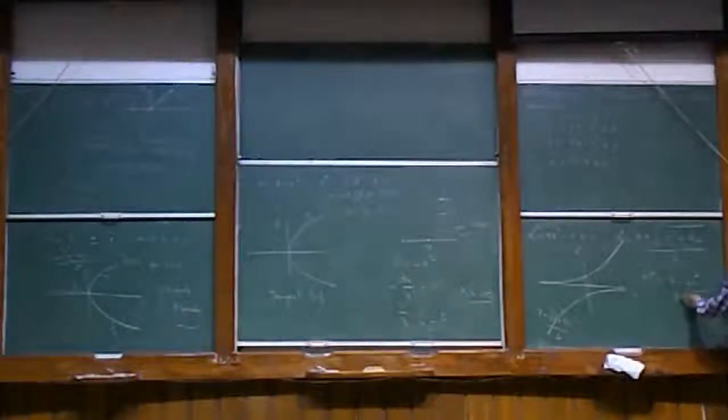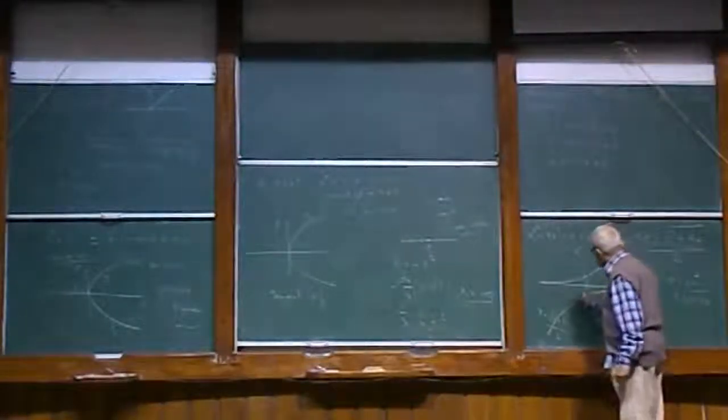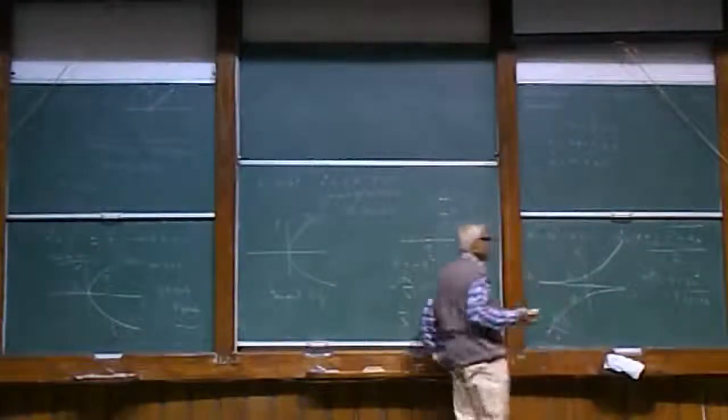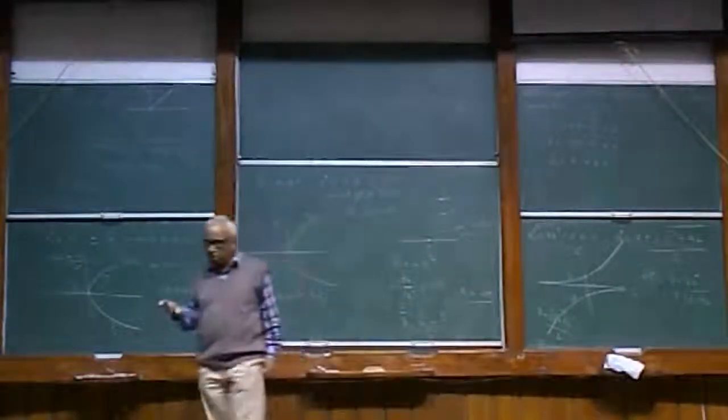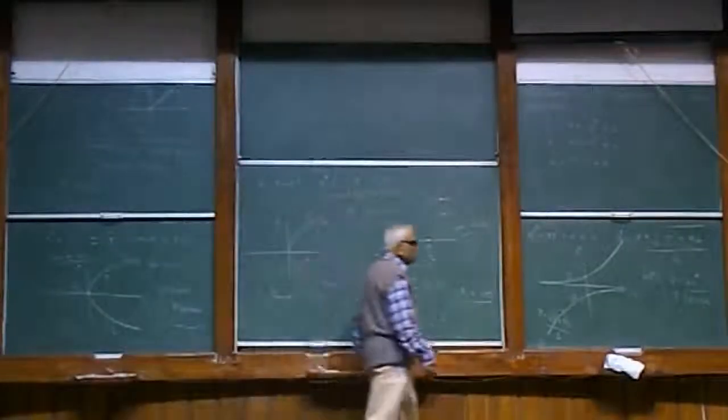Minus, so over here the minus sign is giving you this, and there is this question: this remains stable, this remains unstable. So you don't have the entire issue of the bifurcation lost.